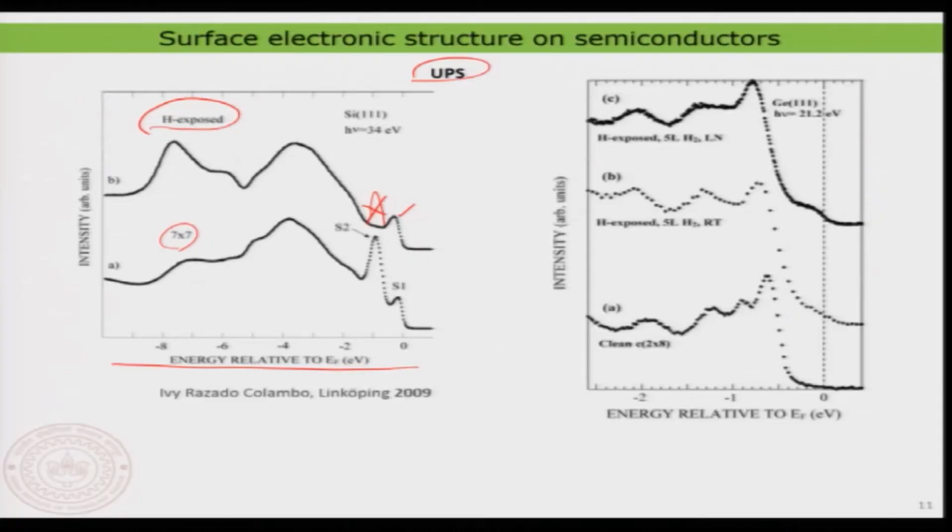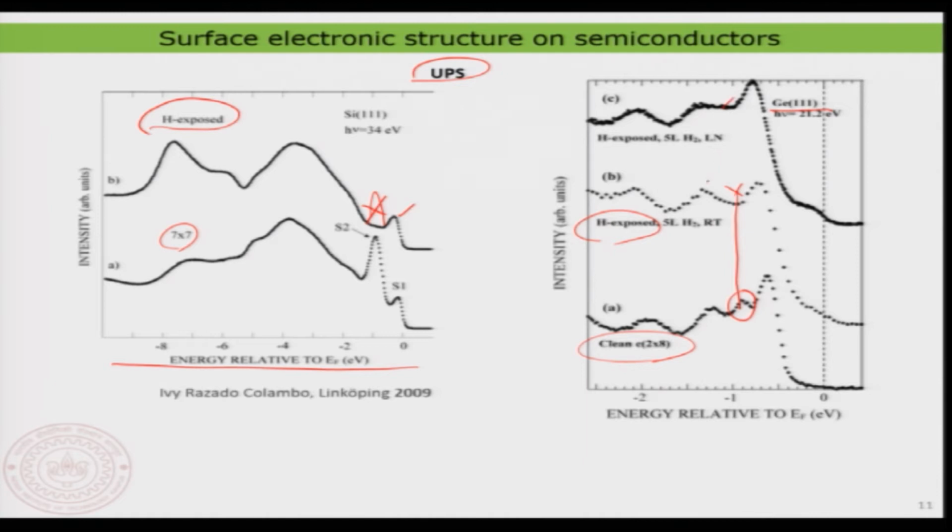I have one more example here, which is again a germanium 111 surface, also a very popular semiconducting material. This is a clean 2x8 reconstructed germanium 111 surface, and upon hydrogen passivation you can clearly see some of the peaks are missing. This peak is basically missing.